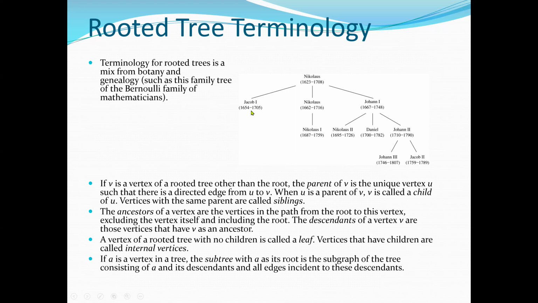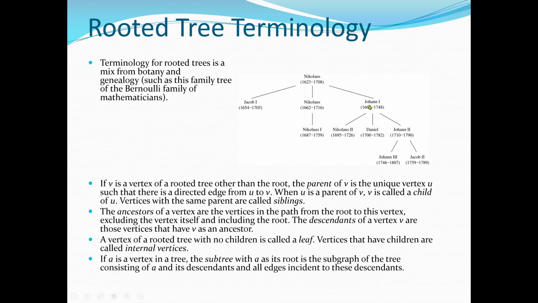So here, Jacob 1 and Nicholas and Johann 1, they are all siblings. And Nicholas at the top, the root, has 3 children.